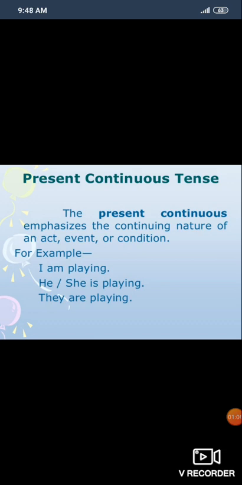For the continuous, we already discussed that the main verb is the first form with ing. So play is the first form and then we add ing, so playing. So I am playing, he, she is playing, and they are playing. In all three, there is the helping verb and the verb first form with ing. That is present continuous tense.